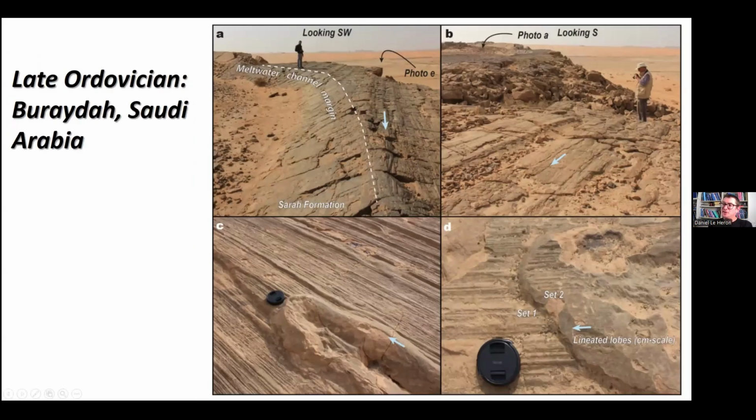So I'm going to use the term lineated lobe because I think it does the job. It may not be perfect, but you can see that it's a lobe-shaped feature and that there are lineations on the surface. What I want to show is that these features are recurrent in a number of different settings at a number of different scales.